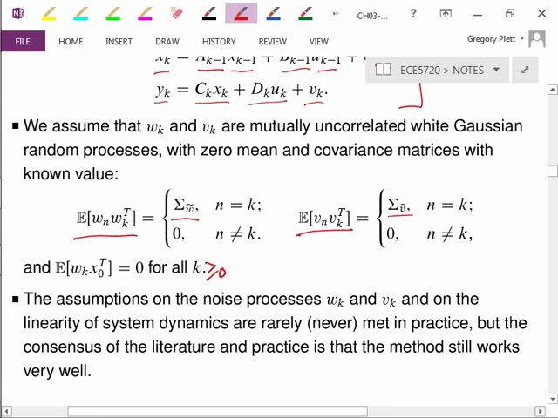The assumptions on these noise processes, w and v, and the linearity of the system dynamics are really never met in practice. Linearity is a nice idea, and systems can be very close to linear, but they're never exactly linear. The consensus is, though, that this really works. Kalman filters really do work, even when the system is a little bit nonlinear, even when the noises are not exactly Gaussian and so forth. Kalman filters come up with estimates that are reliable and that can be used inside of other applications, such as we shall be doing.